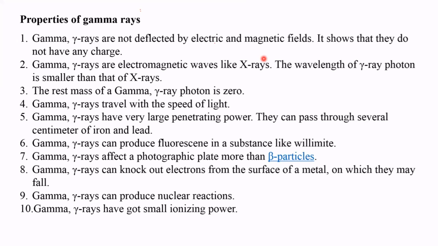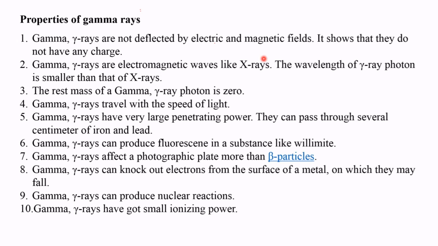In radioactive materials, we have three types of radiation: beta particles, alpha particles, and gamma rays. Gamma rays affect the photographic plate more than beta particles. Later, we will discuss beta particles. One more property of gamma rays is that they can knock out electrons from a surface.